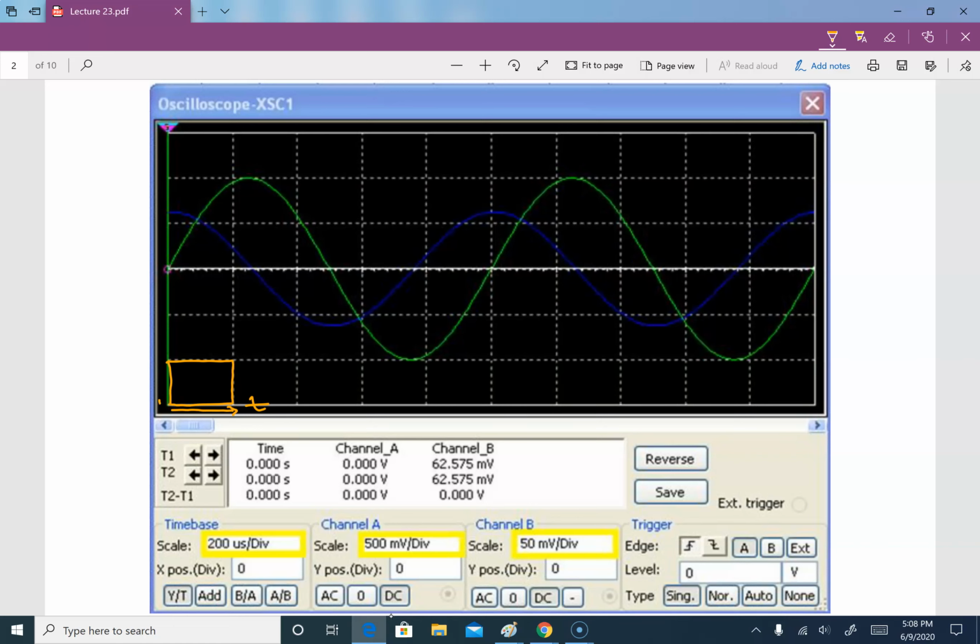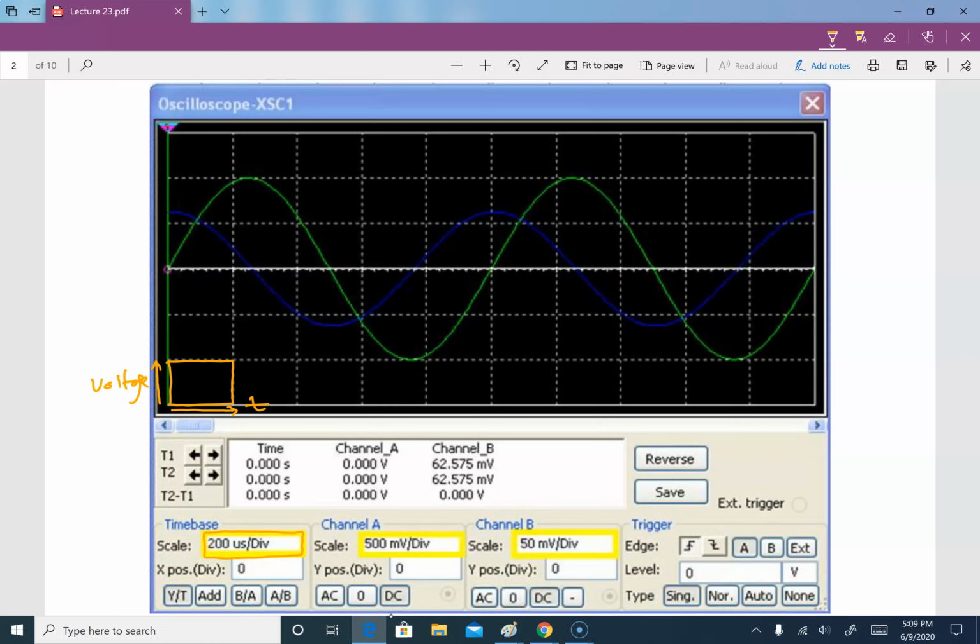If it is at the vertical axis or y-axis, that is voltage. Usually we will have the scale: the scale for the x-axis, which is the time, is 200 microseconds per division.